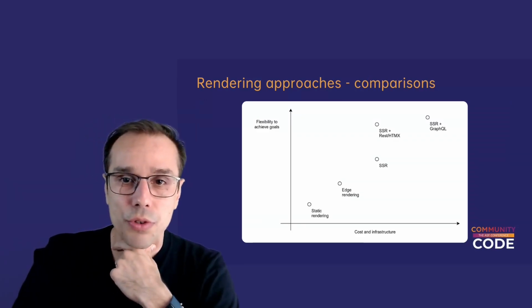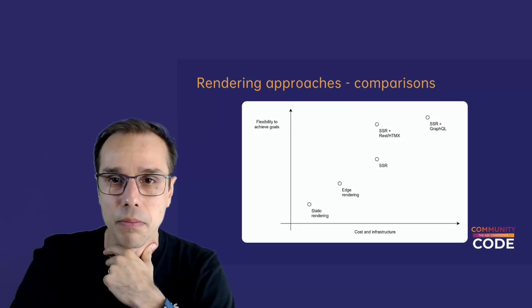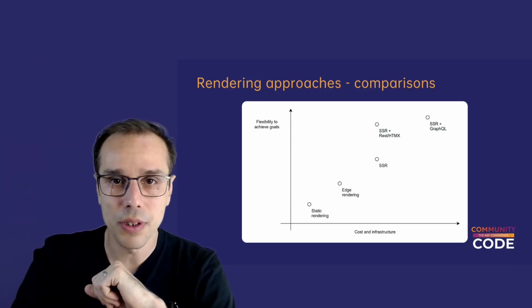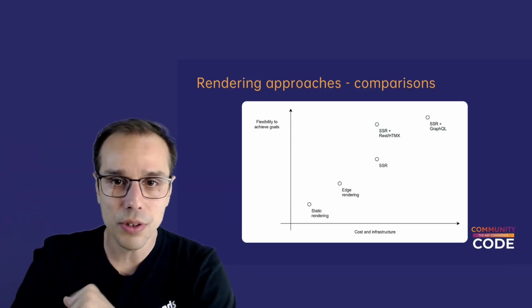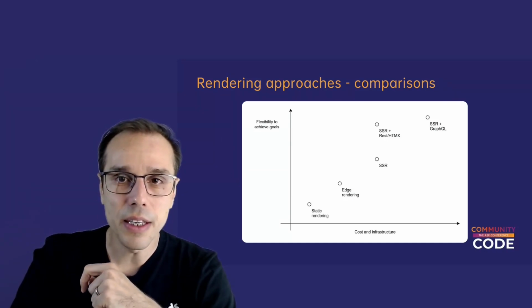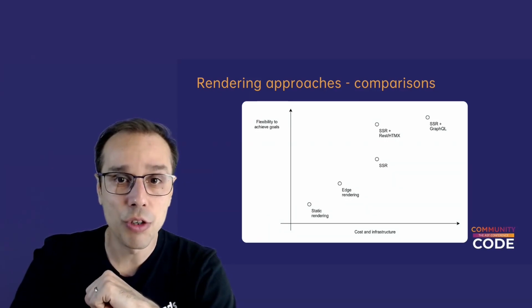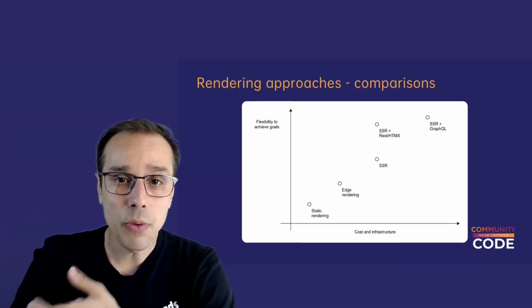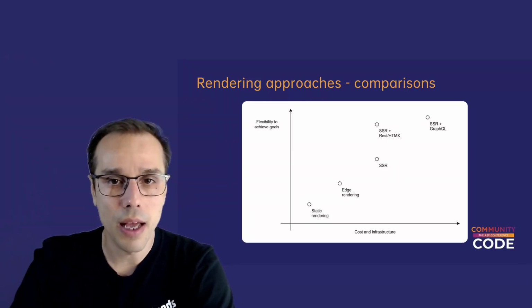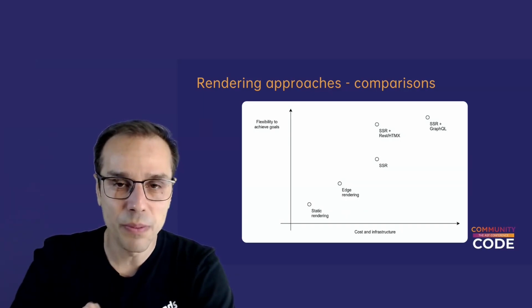So if we were to take a look and say, how would we choose between these various rendering approaches? Let's take first cost and infrastructure, and how flexible, how powerful each of the approaches are in reaching our goals. Static rendering is obviously the one that has the least cost and requires us to have the least infrastructure available.